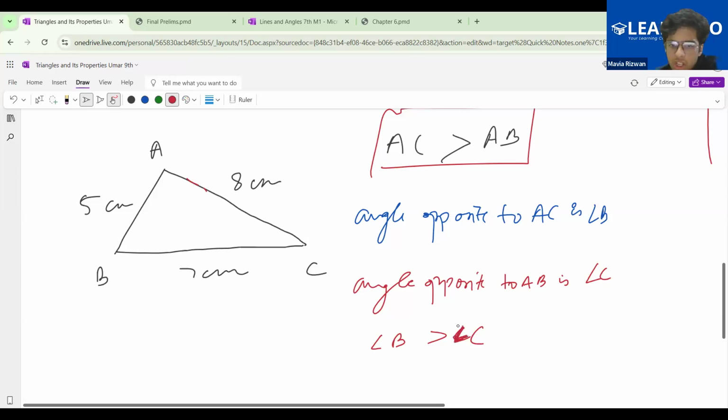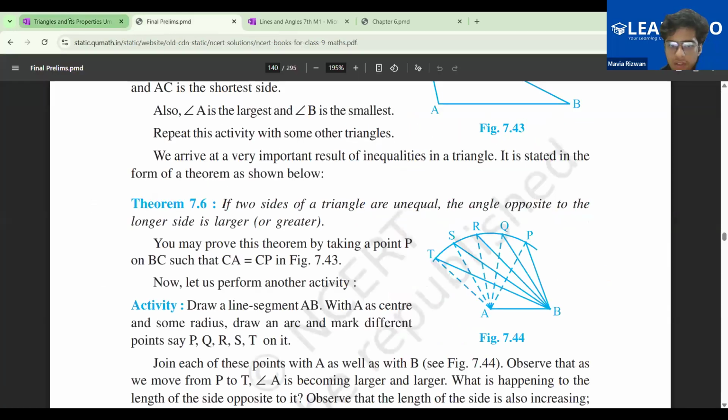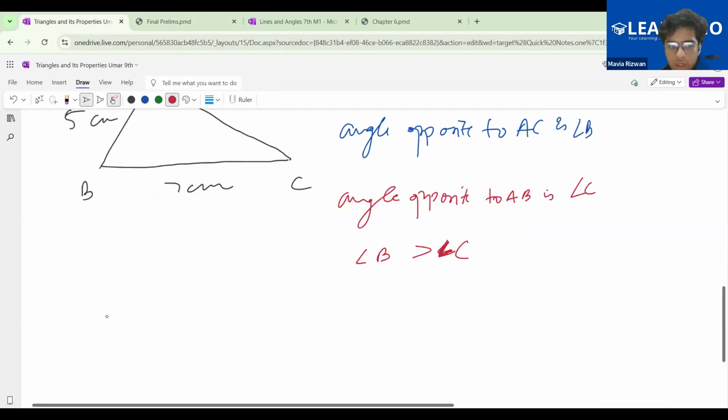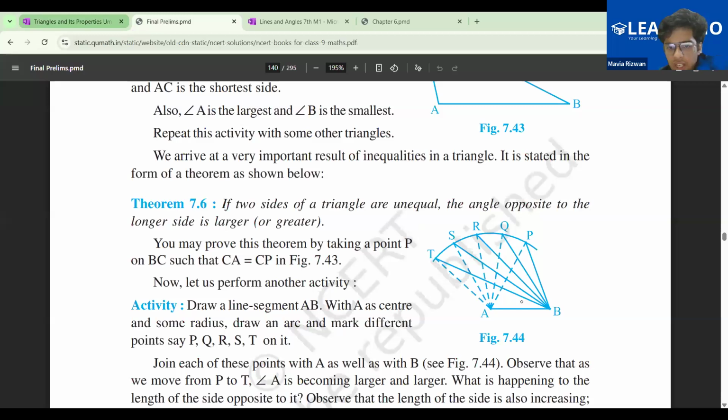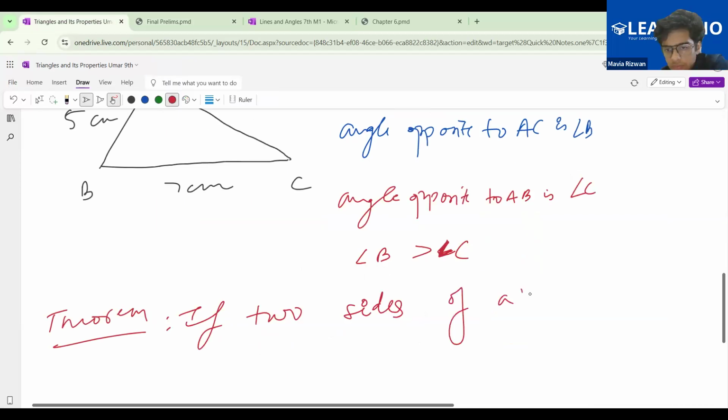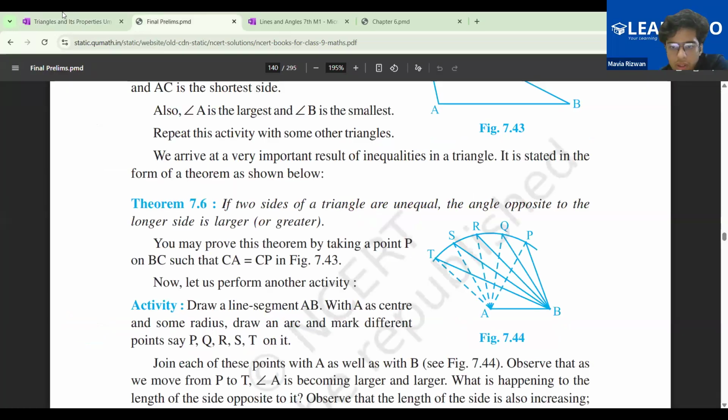This is what the theorem says. Theorem: if two sides of a triangle are unequal, the angle opposite to the longer side is larger.